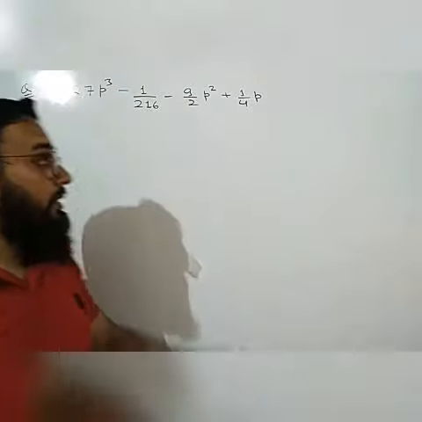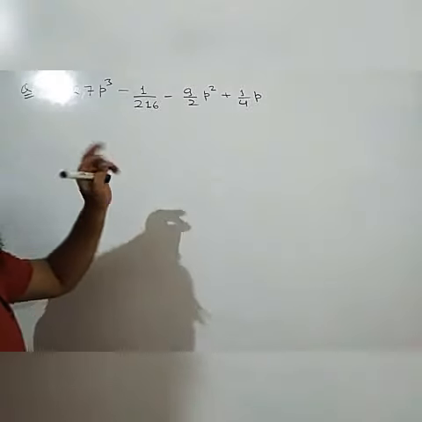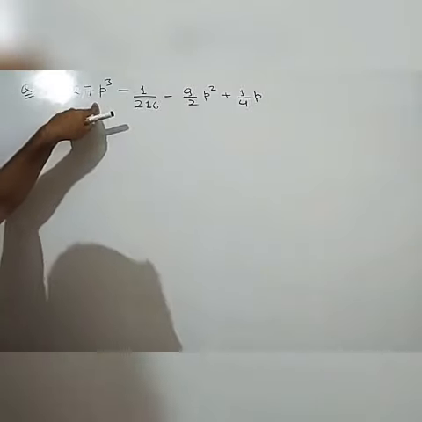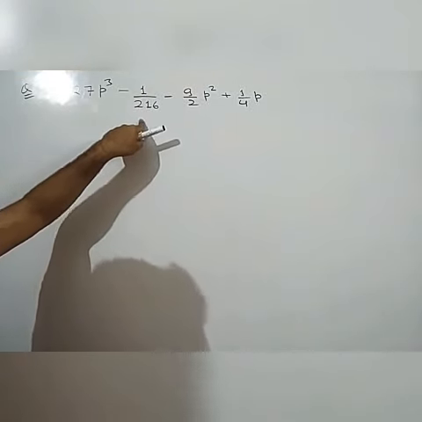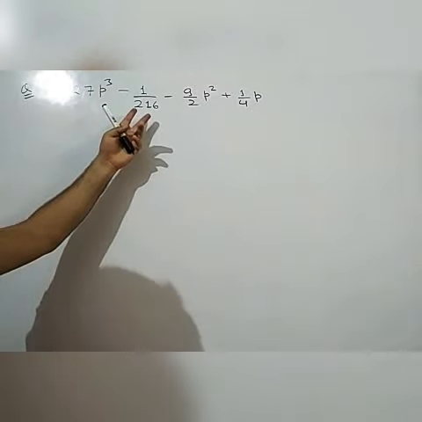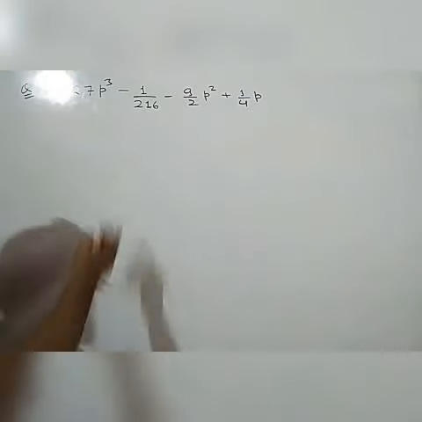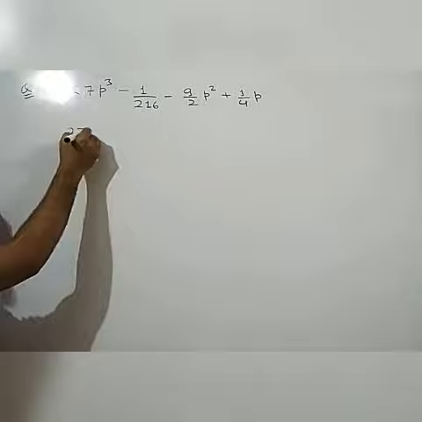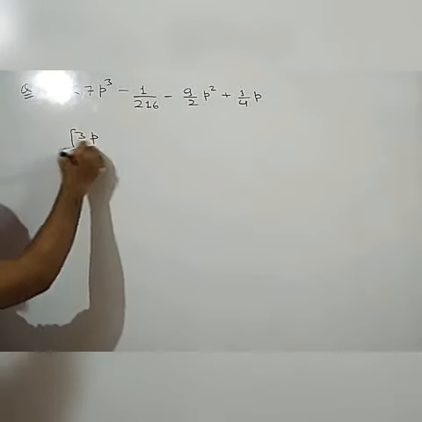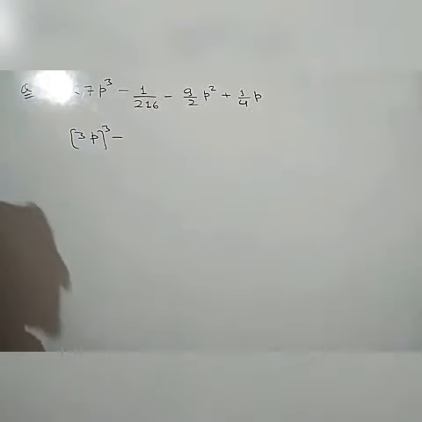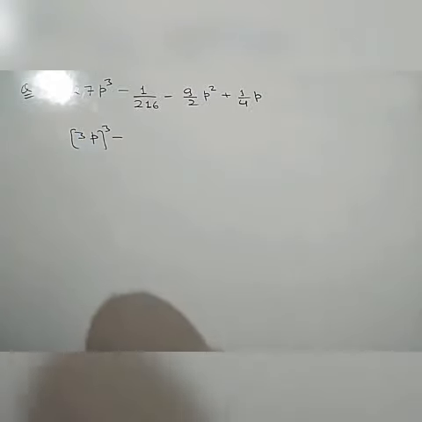Okay, so again there are four terms. Now the first term is a cube. It means the second term should also be a cube. So let us check, can it be converted to the term of cube? Yes, it can be converted. 27p cube can be written as 3p whole cube minus, what is the cube root of 216, or which particular number whole cube is 216?